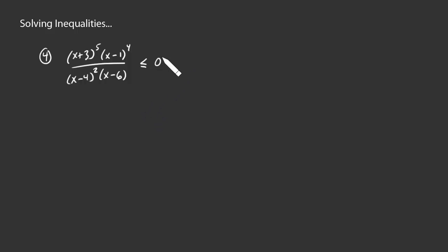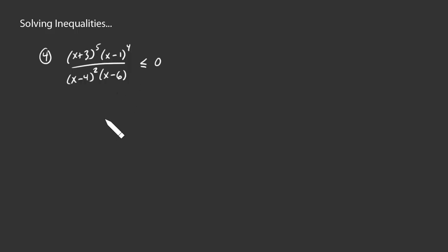Again, having this 0 on the right-hand side here, just like in the previous example, is critically important, because if you're greater than 0, you're positive. If you're less than 0, you're negative. And so then we can focus our attention only on whether this expression here is positive or negative, which we can do by analyzing each of the factors it contains. Of course, this has factors not only in the numerator, but also in the denominator.